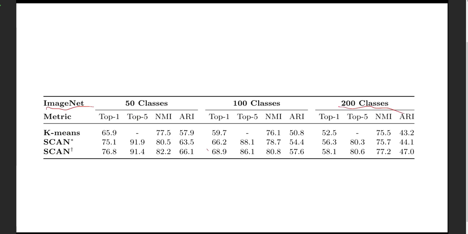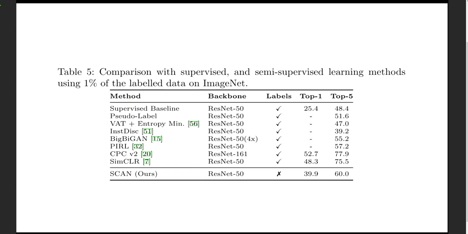It also has a very big improvement. And compared with the semi-supervised learning method, with 1% label data on ImageNet, they can also have very good performance comparable to SimCLR and CPC v2. But this paper doesn't need any labels.